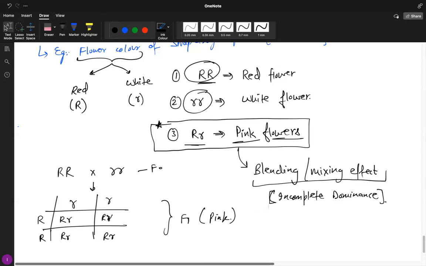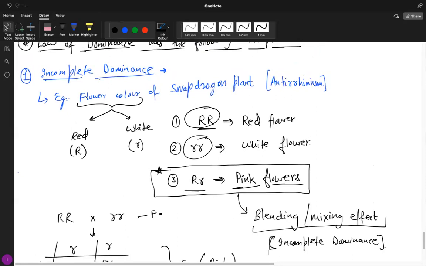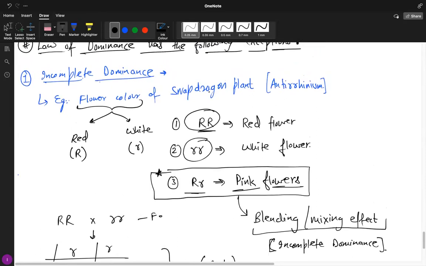Is it clear, everyone? Yes, sir. Perfect. So when this phenomenon was discovered in Snapdragon plant, it came out as an exception for Mendel's law of dominance. And now with increasing evidence, we have found that many genes in different organisms show incomplete dominance.